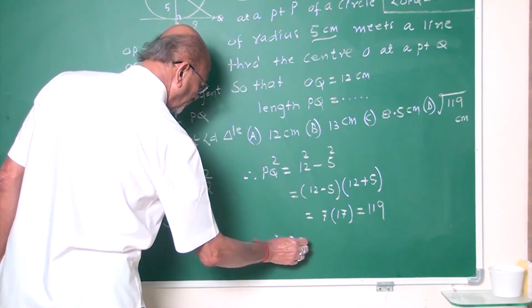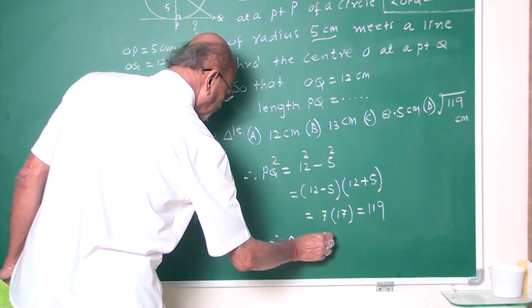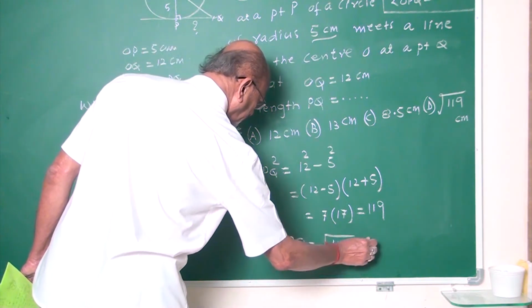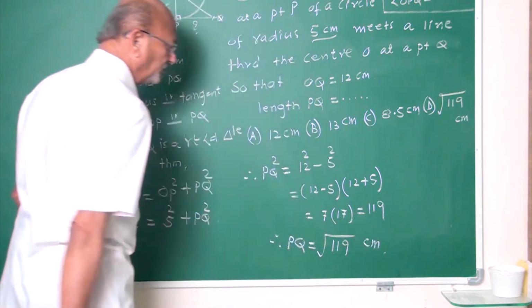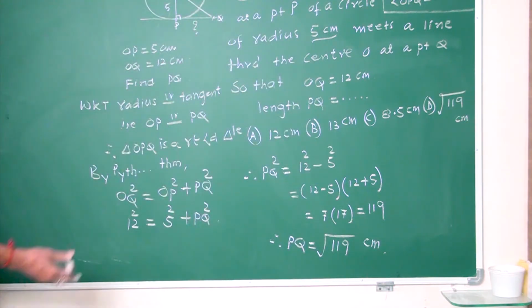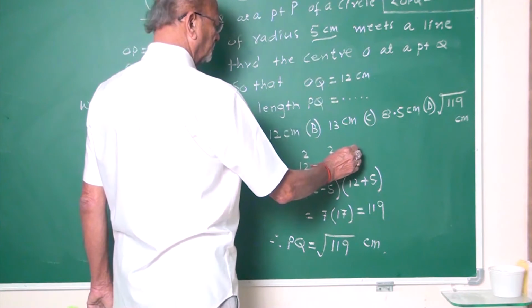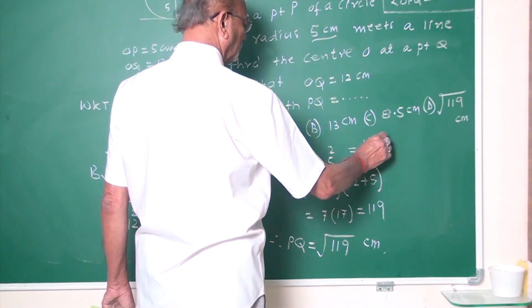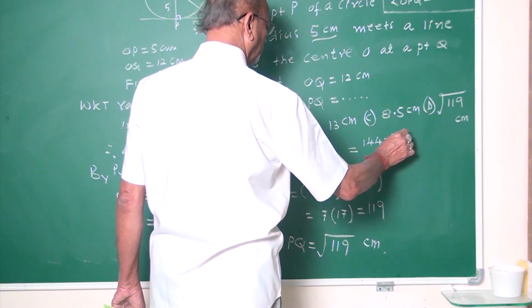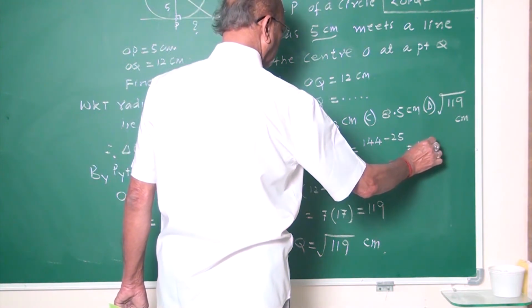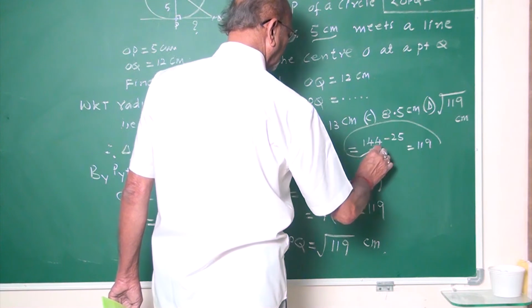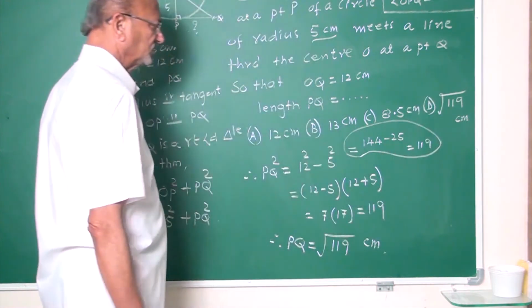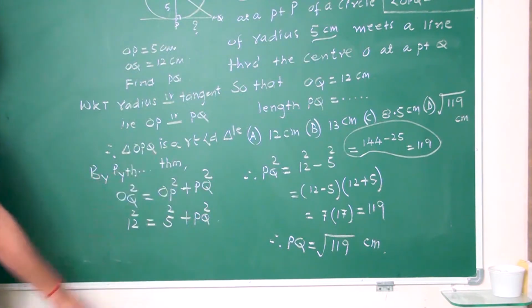Therefore, what is PQ, my friend? It is square root of 119 centimeters. Otherwise, you can go here itself: 144 minus 25 is 119. So the answer is square root of 119.